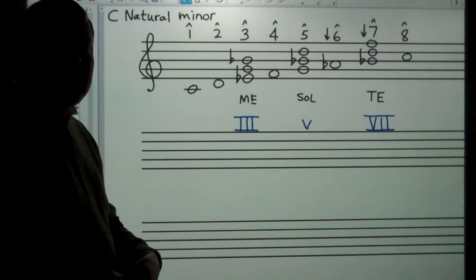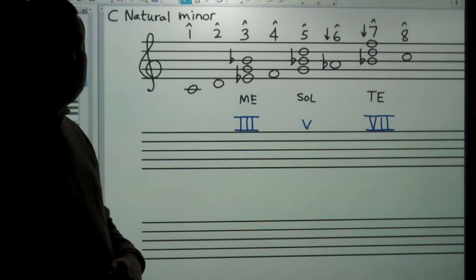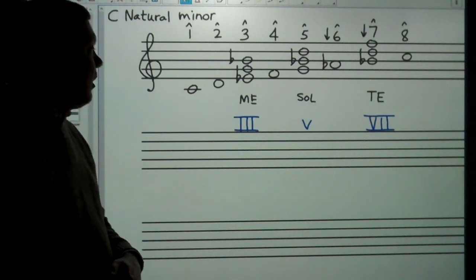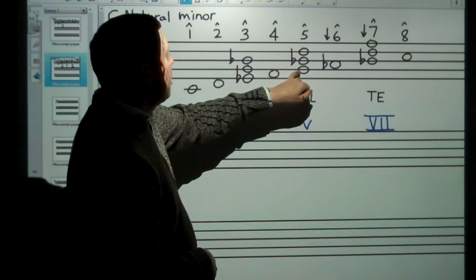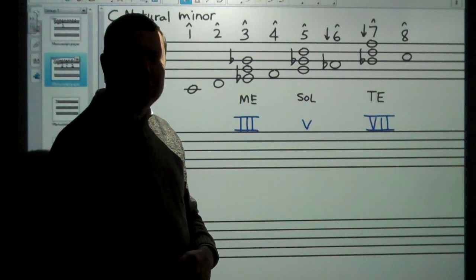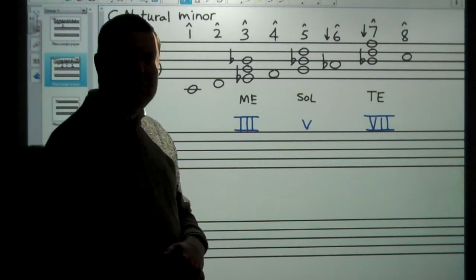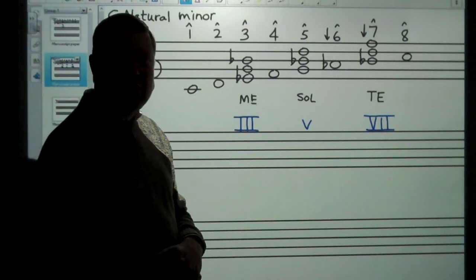The v chord that we get from the natural minor scale happens to be a very rare chord. And the v chord in this key is G, B flat, D, which turns out to be a minor triad. And again, this is used only maybe 2% of the time in all of music.